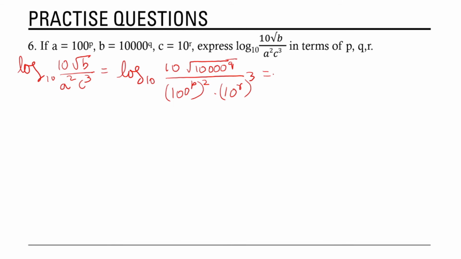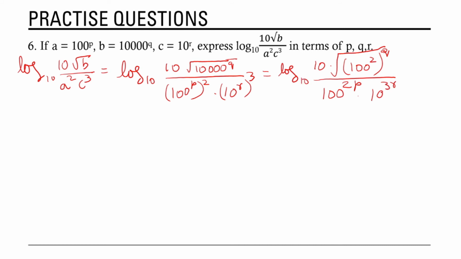This is equal to log of 10 into 10,000, which is 100 square, whole raised to q the root, divided by 100 raised to p the whole square, which is 100 raised to 2p, into 10 raised to r the whole cube, which is 10 raised to 3r.